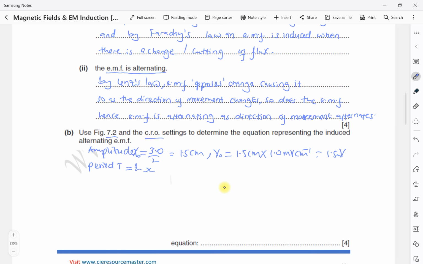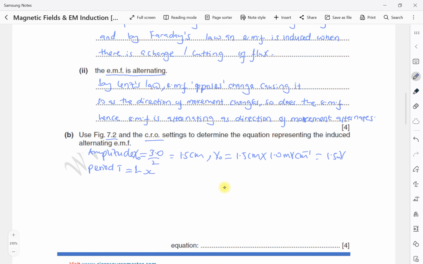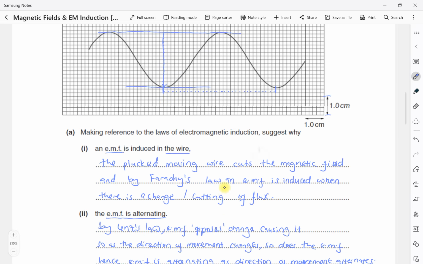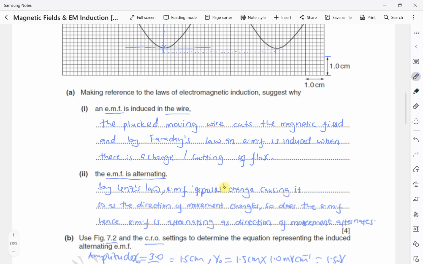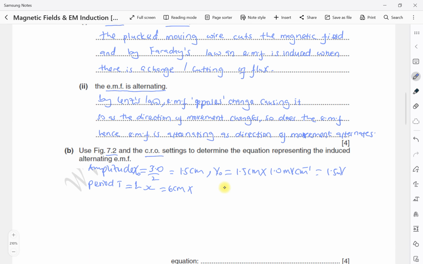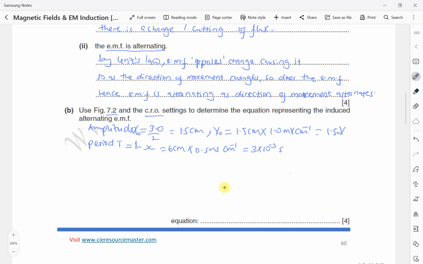So the period is equal to the length representing one cycle, which is 6 centimeters, times the time-base setting on the x-axis, which is 0.5 milliseconds per centimeter. This gives you 3 times 10 to the power of minus 3 seconds. So that is the period.